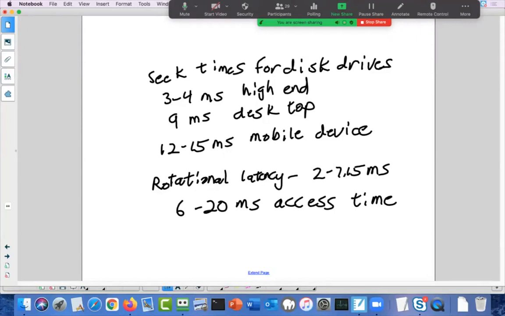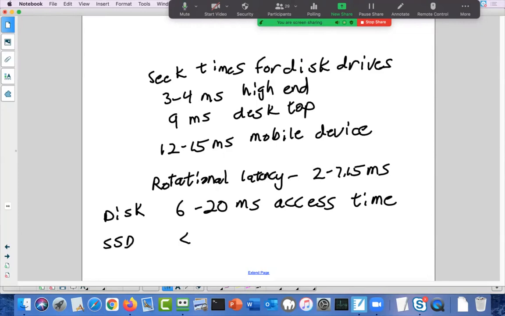For a solid state disk, so this is access time for a disk. For a solid state device, it's much less.